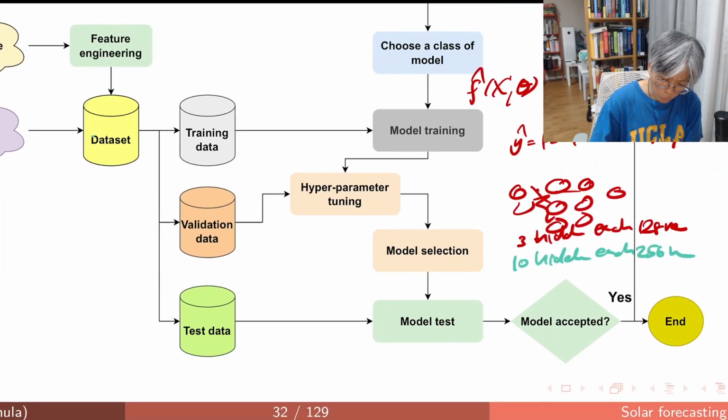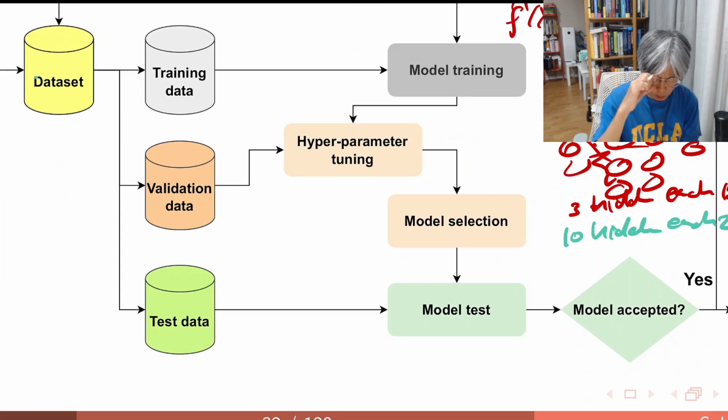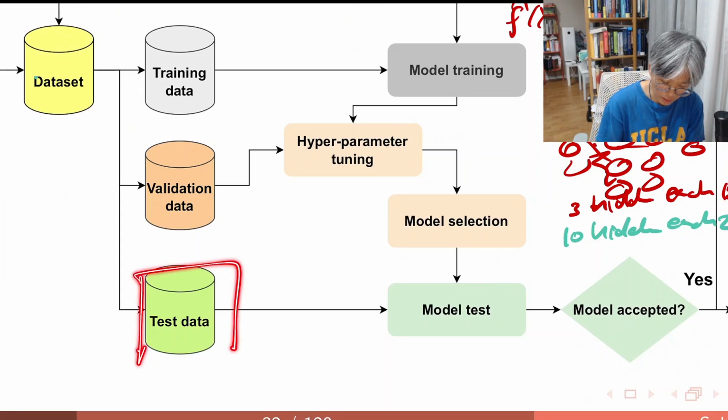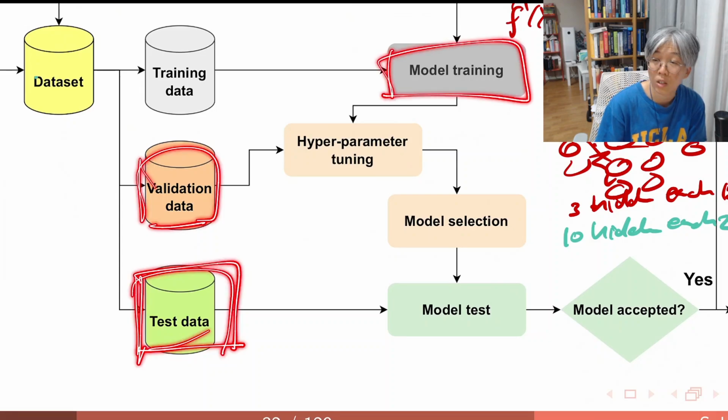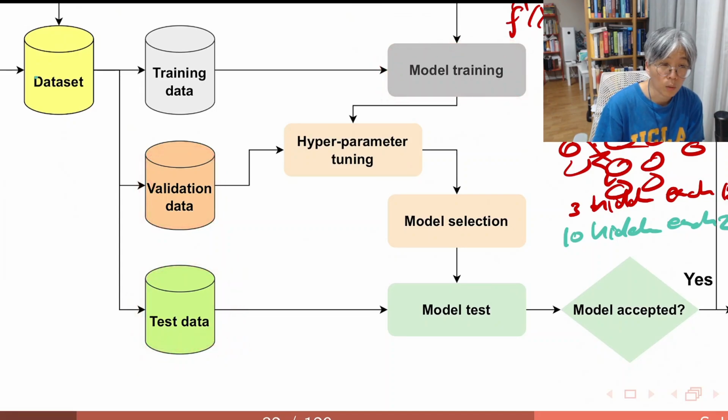When we split the data set, there's one common principle: when you construct a model, you cannot use the test data set or the validation data set in order to construct the model. The model that is trained must rely on the training data only.